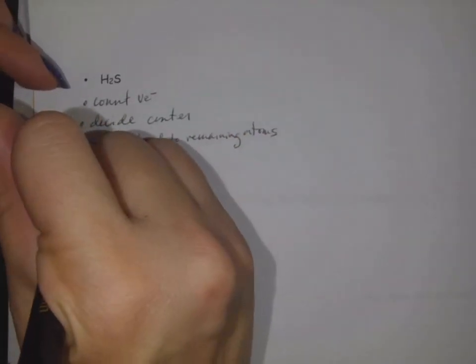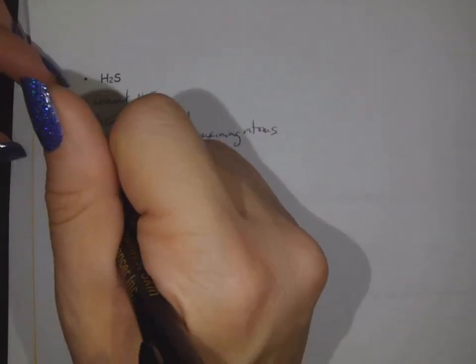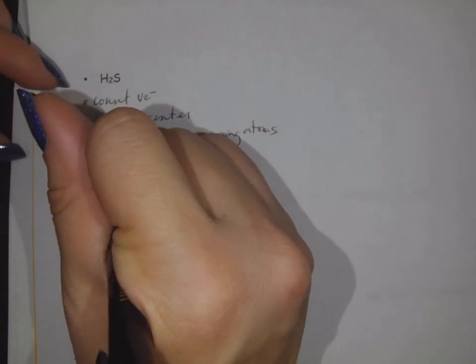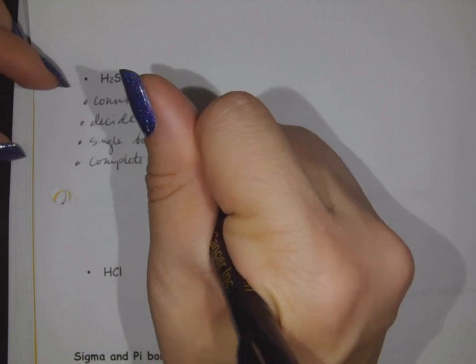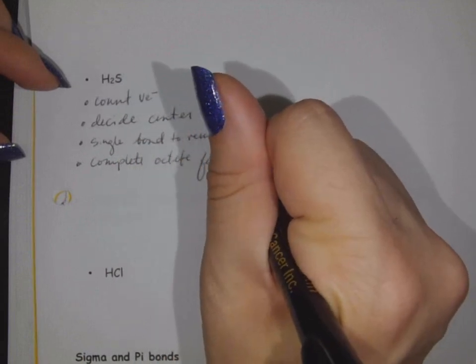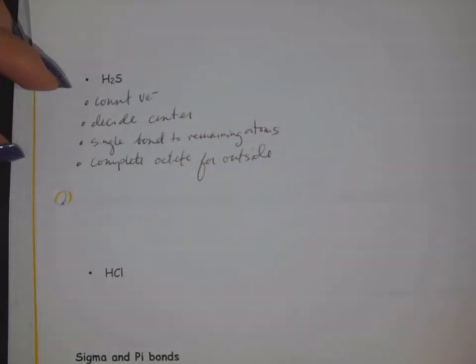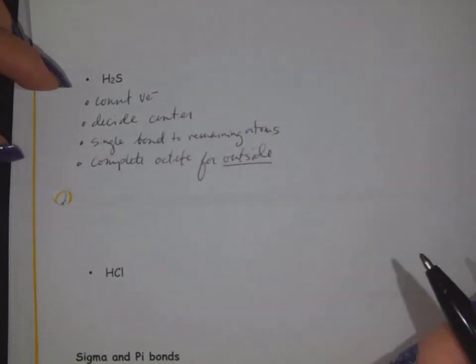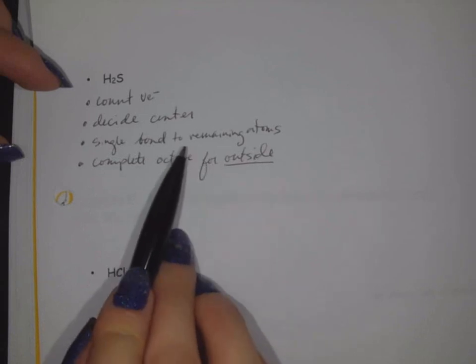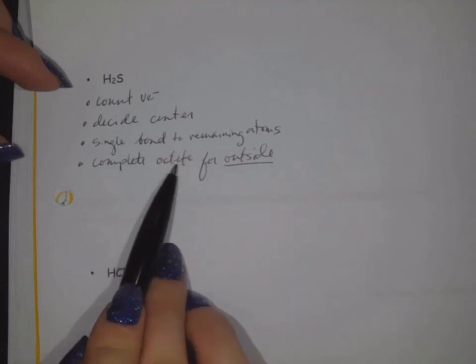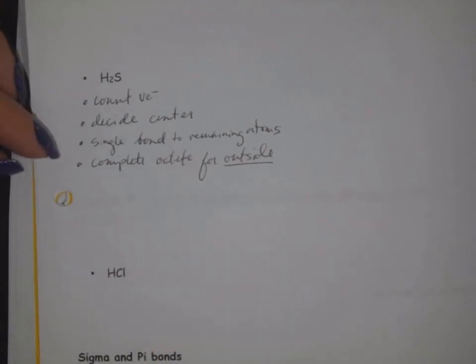And then we completed the octet for outside atoms. Not the center, the outside atoms. Sometimes this is a duet if it's hydrogen. So complete the octet for outside atoms, but if it's hydrogen, I'd be completing the duet for outside atoms.